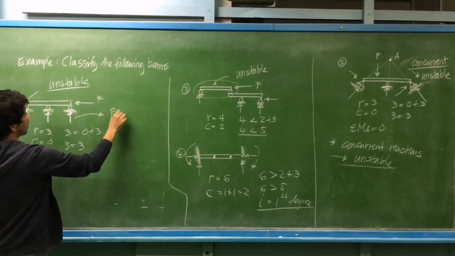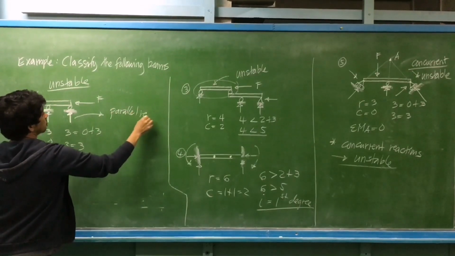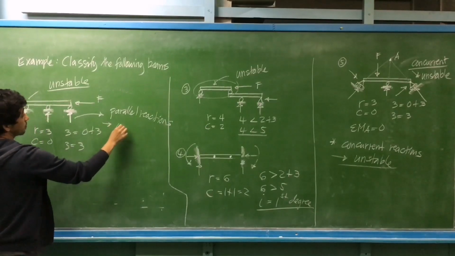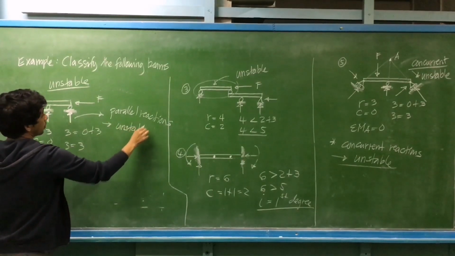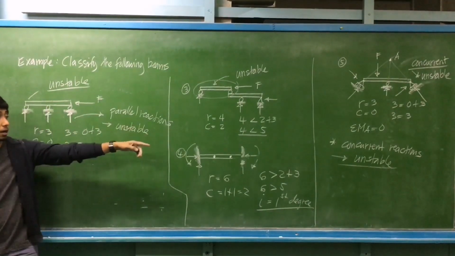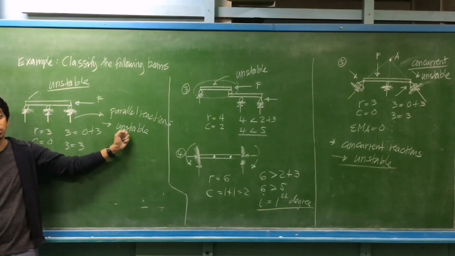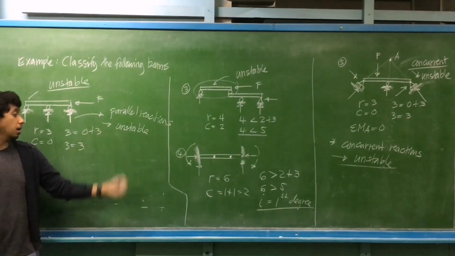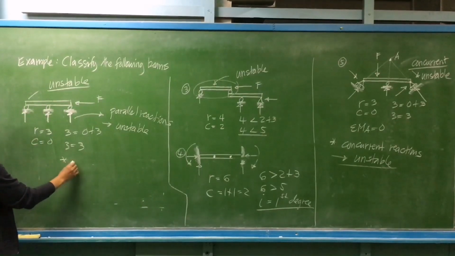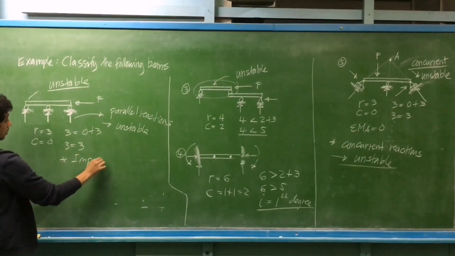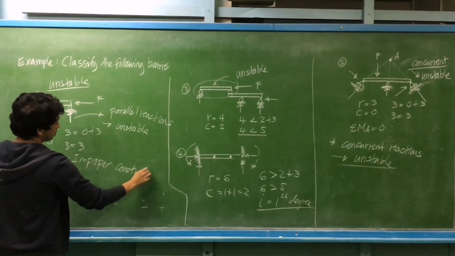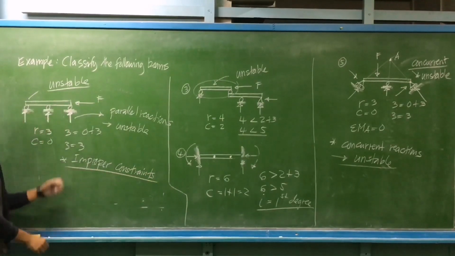You have parallel reactions. If you have parallel reactions, that makes the beam unstable. So if you are to place supports on your beam, avoid concurrent reactions and parallel reactions. That makes the beam unstable. These two, concurrent and parallel reactions, are considered as improper constraints. Alright, so that is for B.